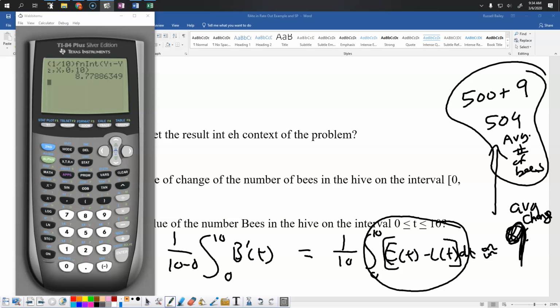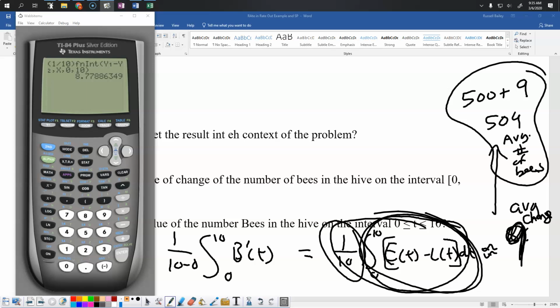So I hope you guys are following my thinking. That's kind of a weird question. But all this tells you is the total change that has taken place in the hive. This tells you the average value based on the rate in and out. So if you add the original amount, that tells you the average number of bees. Does the average number of bees matter for this question? What is it asking?